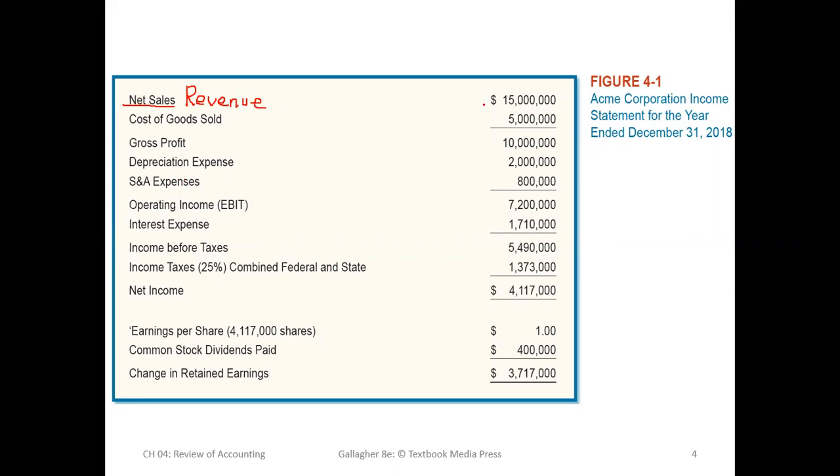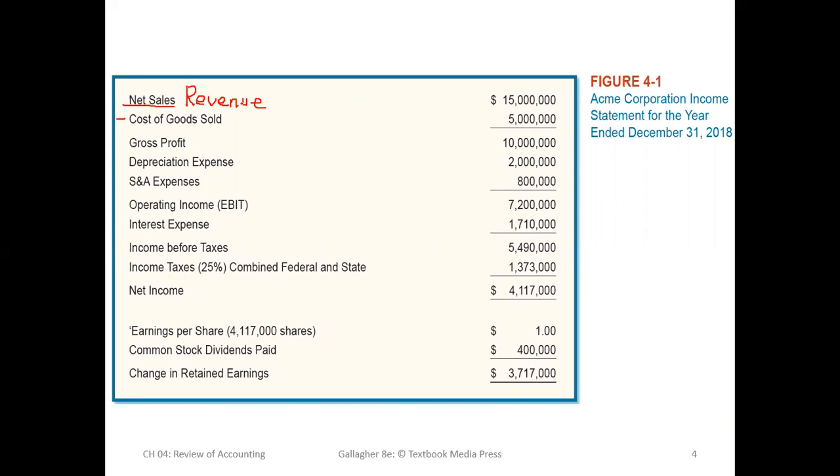Then you subtract your cost of goods sold. The cost of goods sold is the direct cost: the cost of materials and the cost of labor.